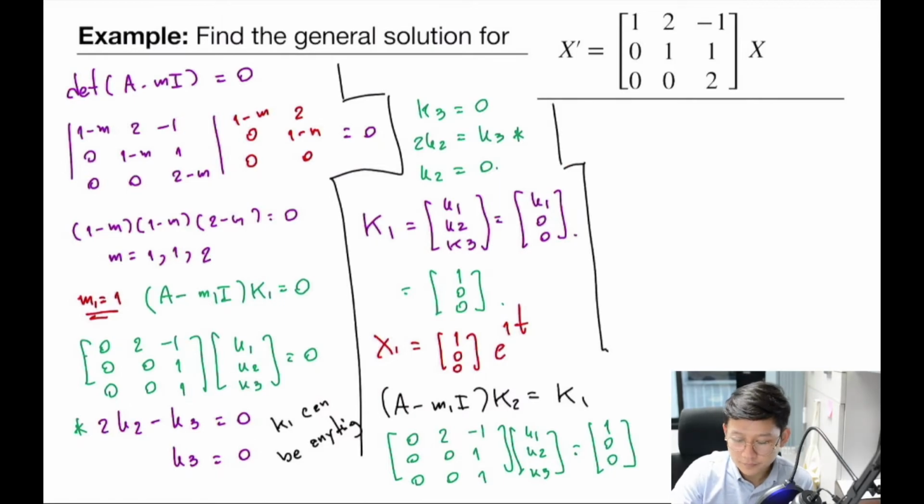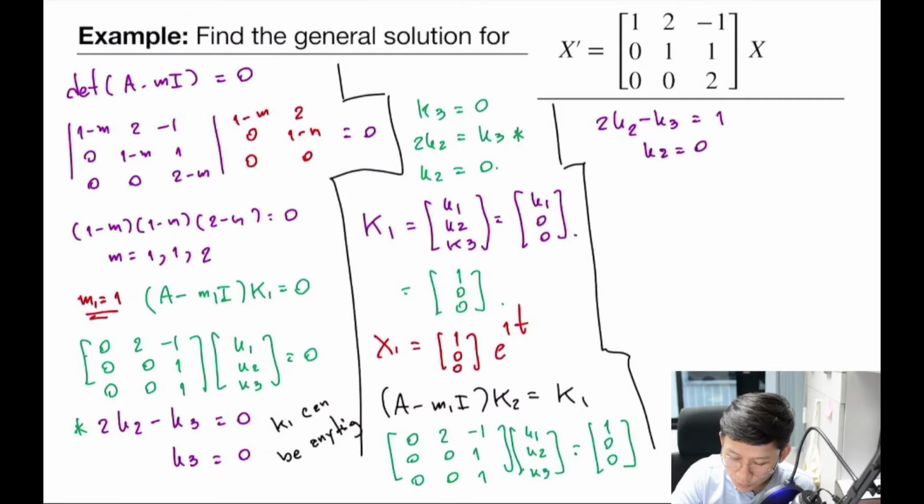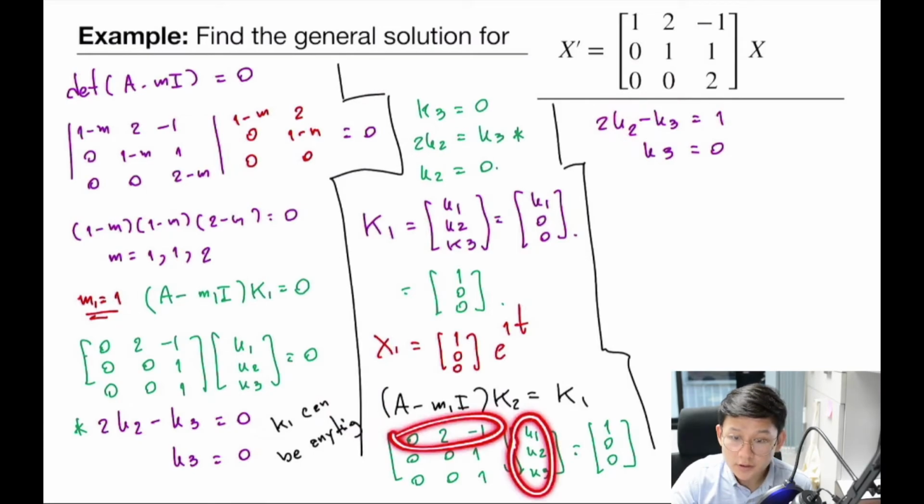Then we have that 2k2 minus k3 is 1, and k3 is 0. This equation is from this row times this vector, so you get 2k2 minus 1k3 like that.